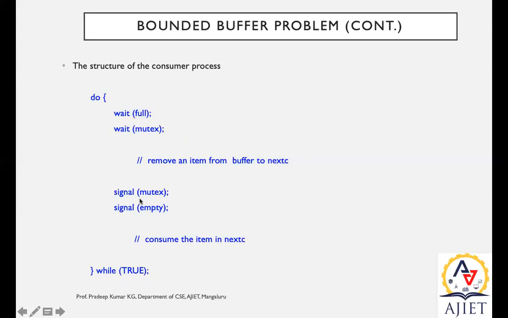That is done by providing a signal on mutex, until the semaphore mutex has the value 1. The consumer can remove an item, and the chance is given to the next consumer in the next attempt to consume the item at the next level. This should be repeated on the consumer side as well.